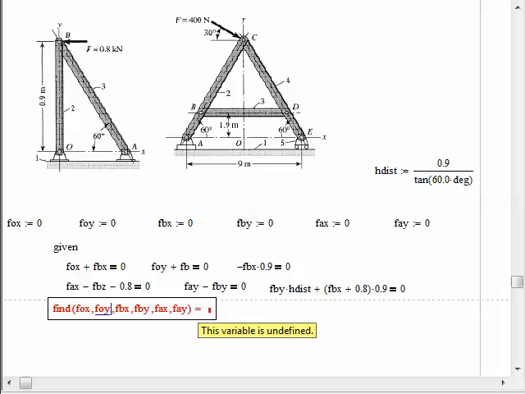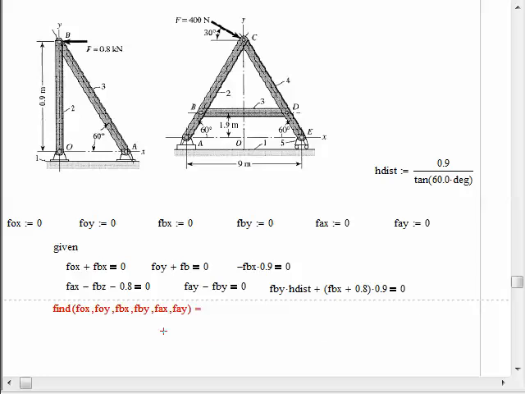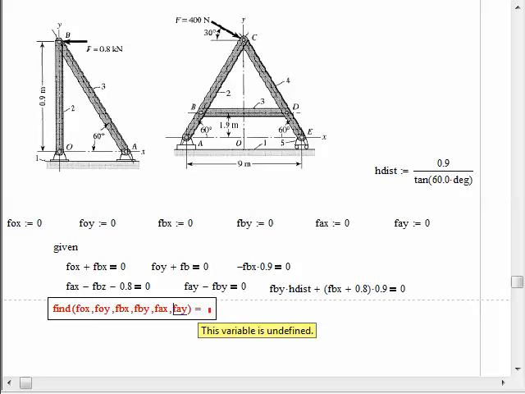So let's see if it'll tell me what it thinks is undefined. I'm going to right click. Right click will usually bring up a menu. Is it bringing it up elsewhere is the question. It is not. Alright, let me just look at it and see what's wrong. FOX, FOY, FBX, FBY, FAX, FAY.